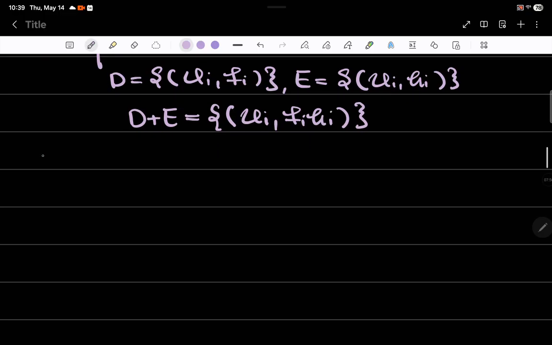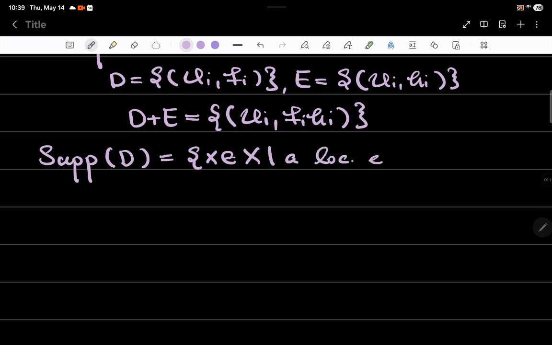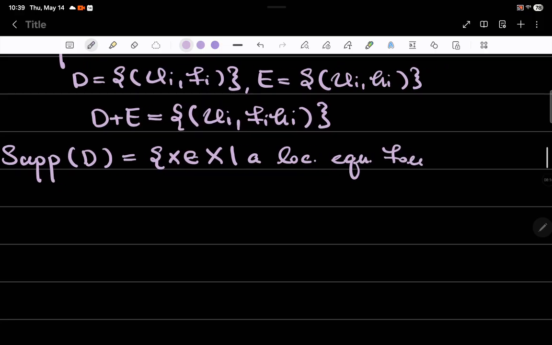So I just multiply the local rational equations. And the support of D is defined to be those points x in X such that a local equation for D is not a unit at the point x.